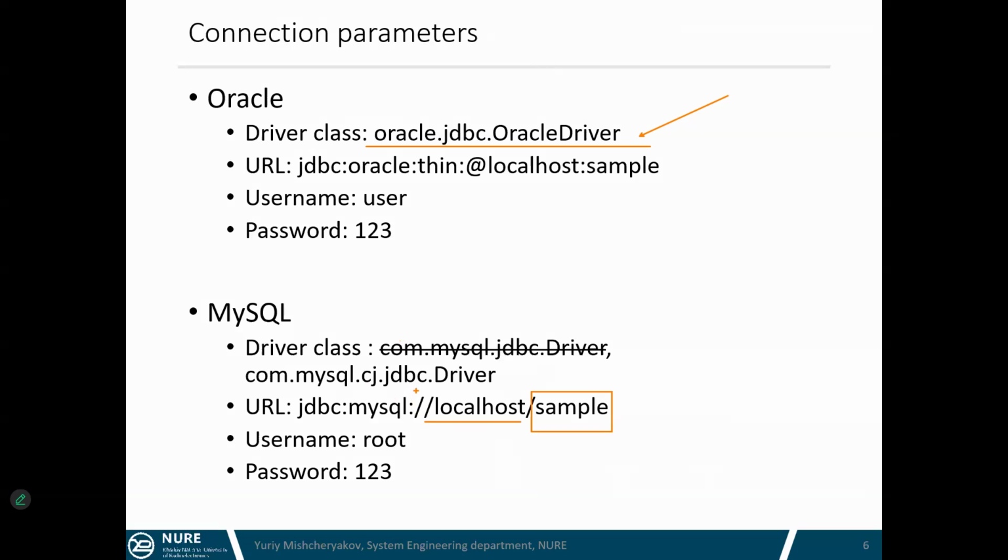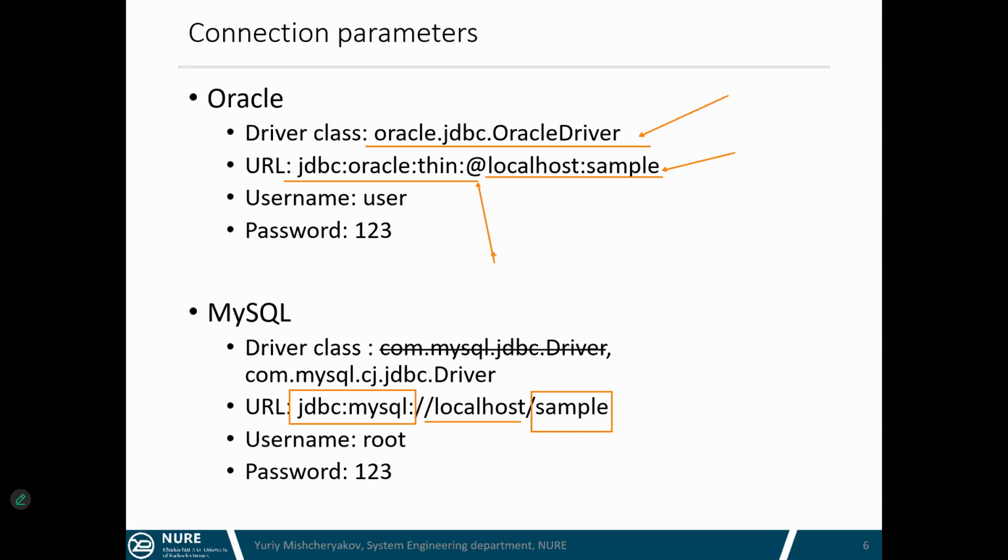This part of the URL depends on the driver. For example, we have localhost and sample. Sample is the name of the database, localhost is the host where the database is hosted, and jdbc:oracle is specific for Oracle.